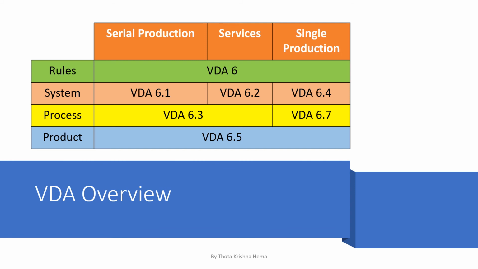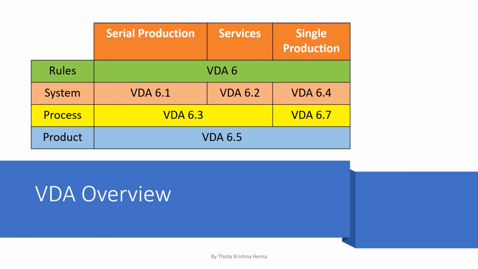This is another way of representation. Serial production, services, single production are the column titles, wherein the row titles are rule, system, process, product. I have tried to put all the things in one matrix.